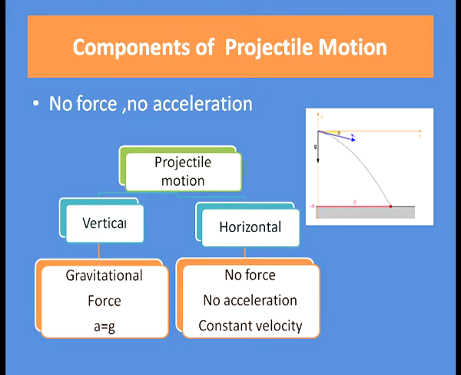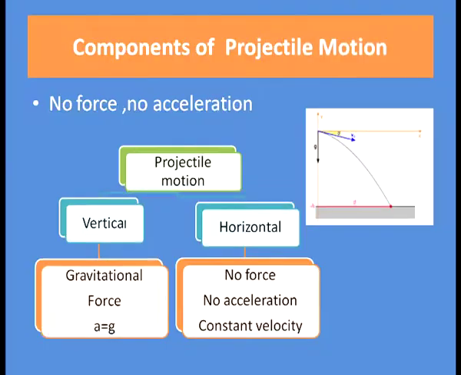That means no acceleration is there in the object, hence the velocity will be constant. And the vertical component of the projectile motion has one force component, that is the gravitational force. Hence, as force is applied, there will be acceleration and that acceleration will be equal to the acceleration due to gravity. Hence, a equal to g, and here the velocity component will change and it is an accelerated motion.